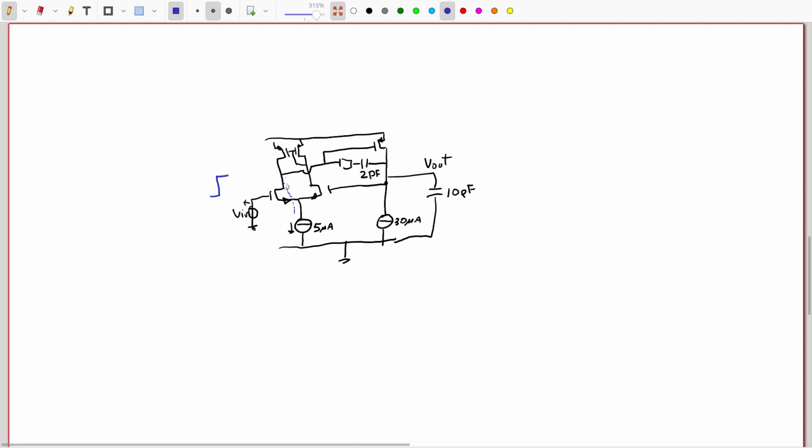This other transistor will starve and become like an open circuit. The current mirror will stop working completely, because there is no current flowing in this transistor either. So all these 5 microamp will be channeled directly to the capacitor, and they are going to flow in this direction.